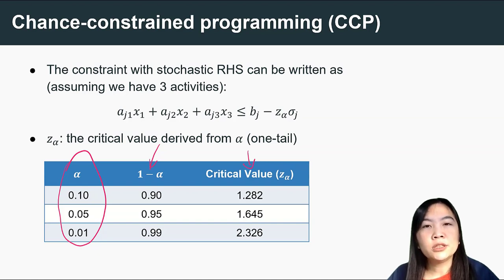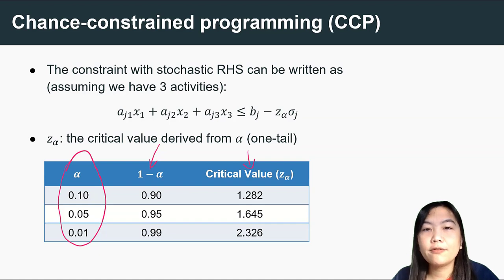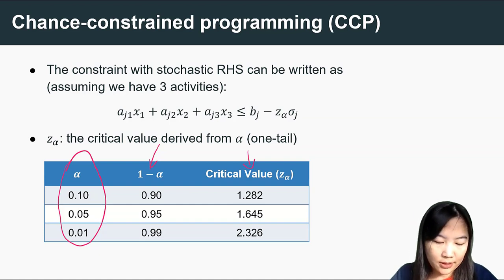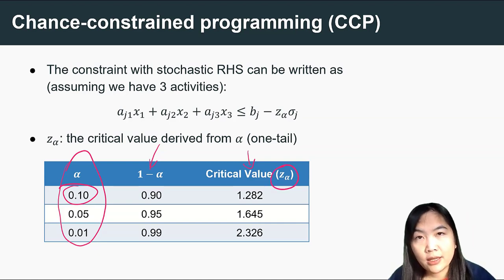Usually there's a table of critical values in any statistics course for a normal distribution, and once you decide your alpha value, you can go to that table and find your z alpha value.